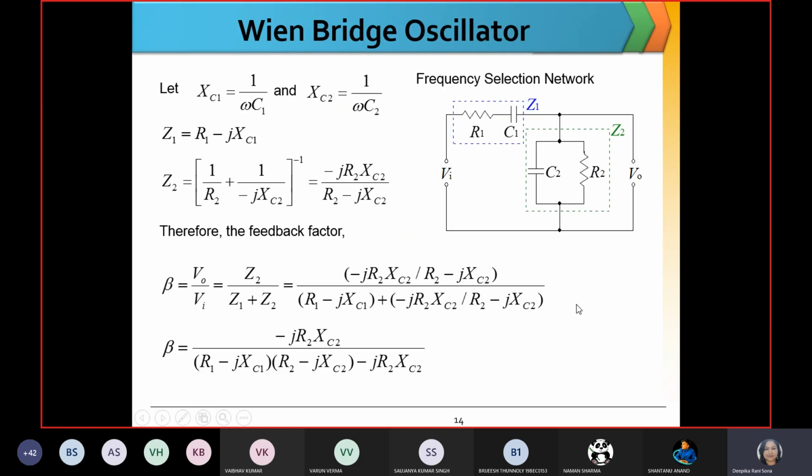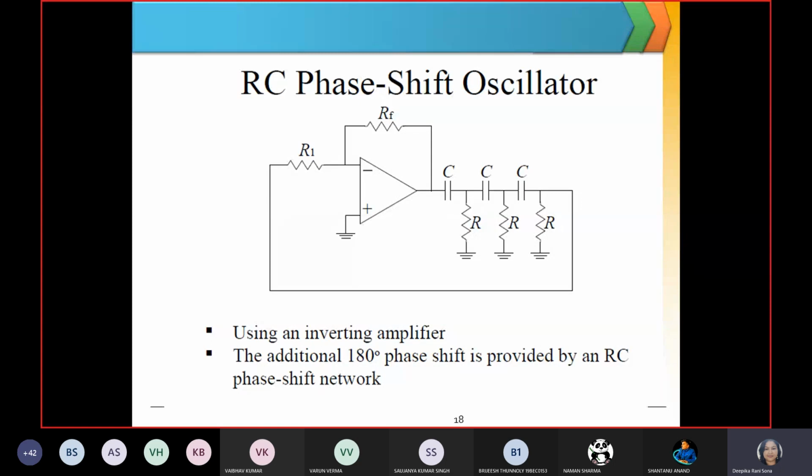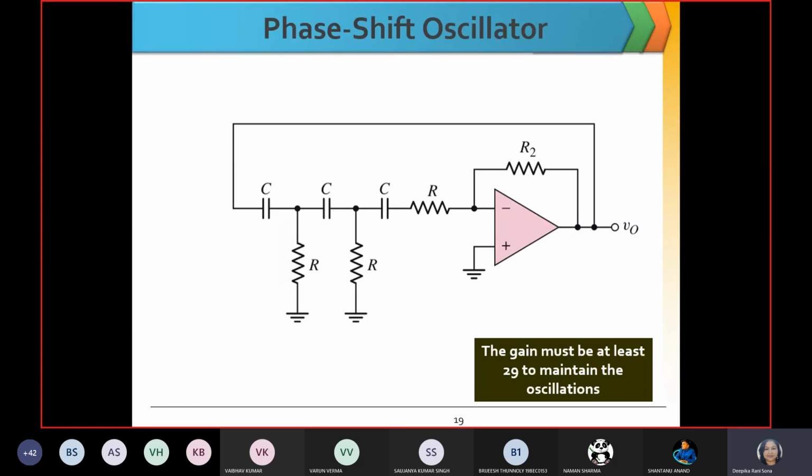Okay. Then there are two types of oscillator circuit we are going to learn: Wien bridge oscillator and the RC phase shift oscillator. Let's have a look at the circuit, guys. Actually first I want to explain the RC phase shift oscillator concept.